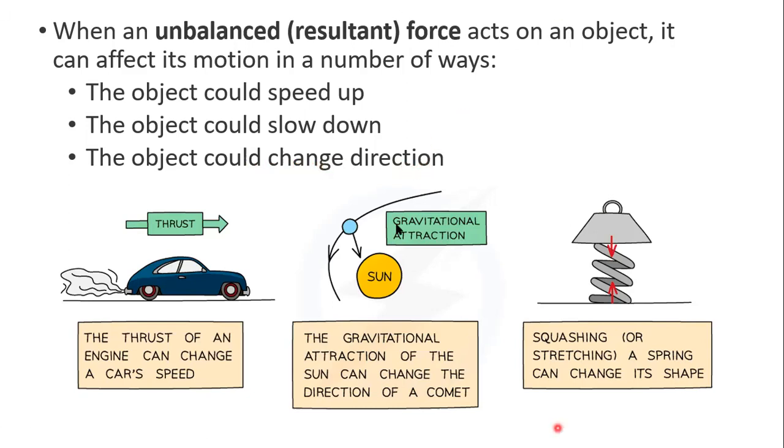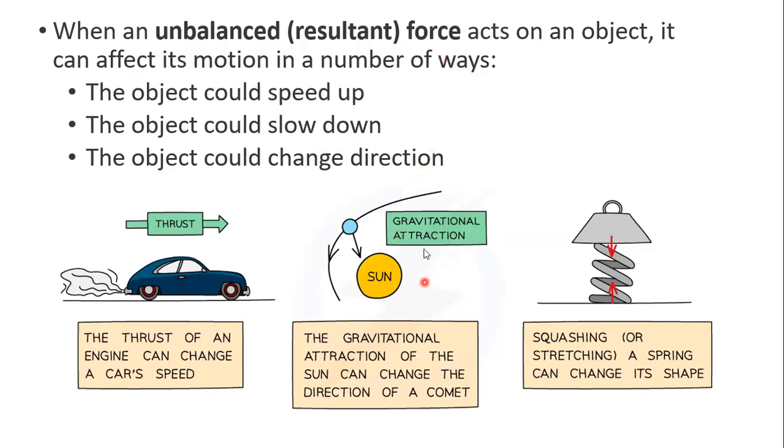So if there is an unbalanced, or resultant, force on an object that was moving, it will speed up, slow down, or change direction. Even if it was at rest, it can speed up, and it can't slow down, of course, but it can change direction. So that is when there is a resultant force.